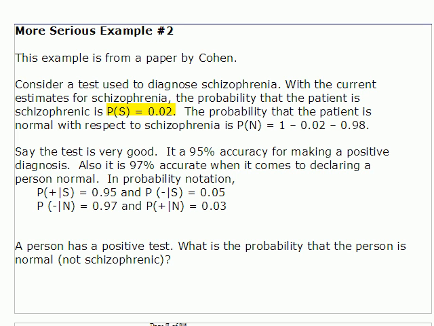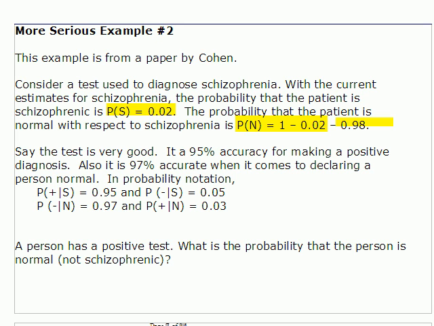What's the probability they're not schizophrenic? Well, in our way of thinking here right now, we have just mutually exclusive categories. So we'll say either you're schizophrenic or not. So the probability of not is 1 minus the 0.02, or 98%.